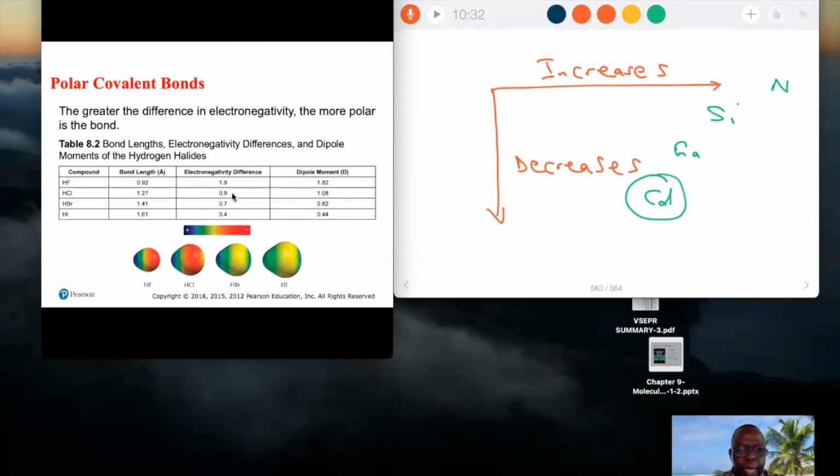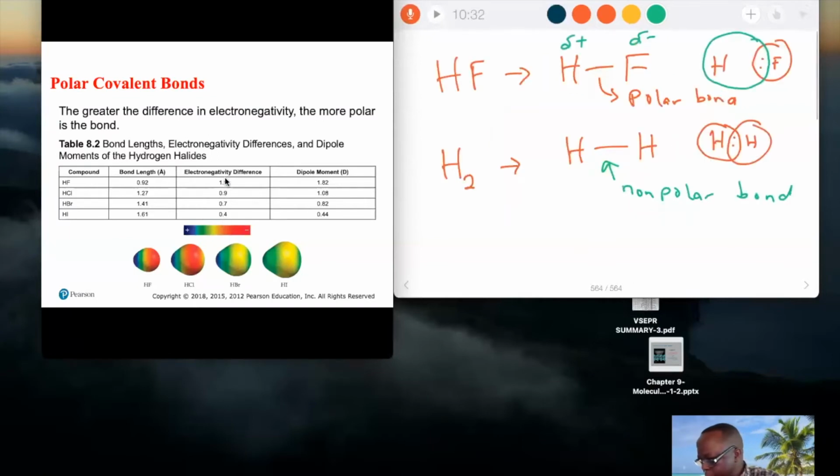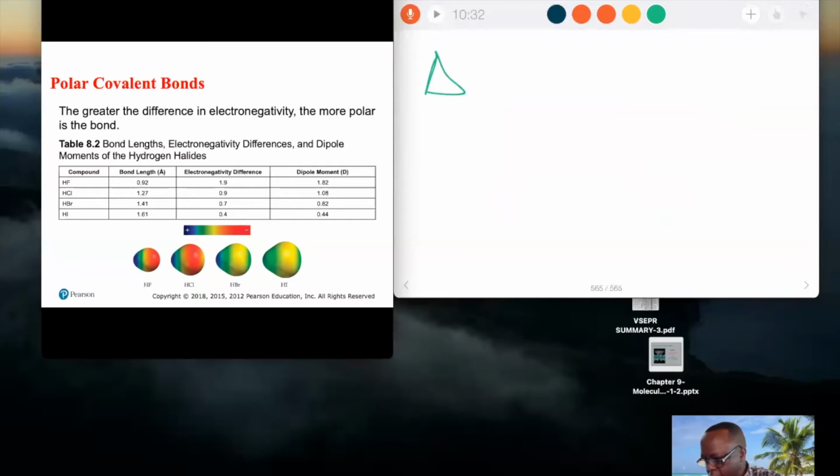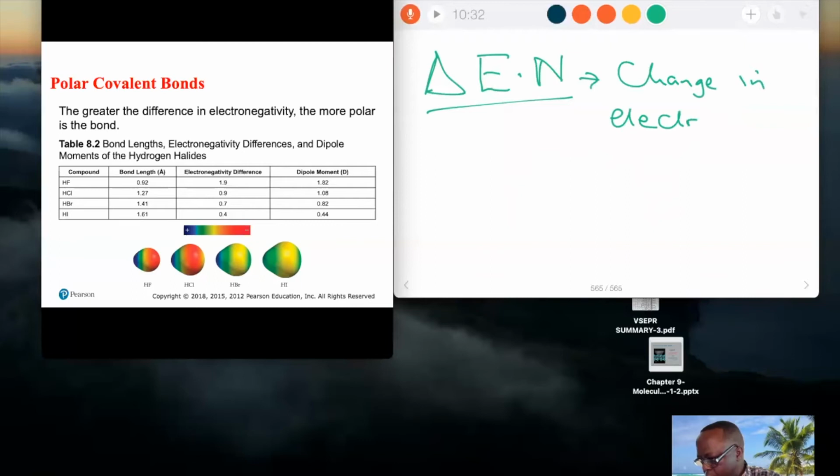If you look at here, the electronegativity values, the difference, we indicate this as change in electronegativity values.